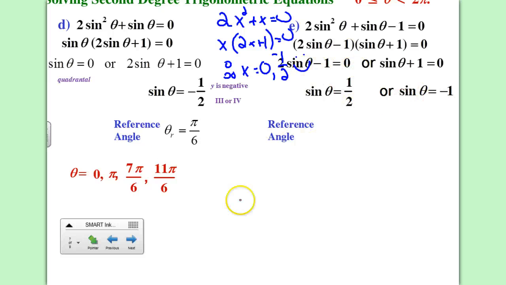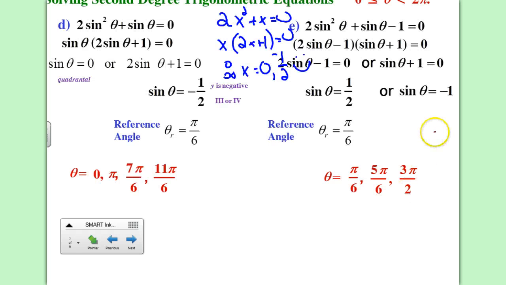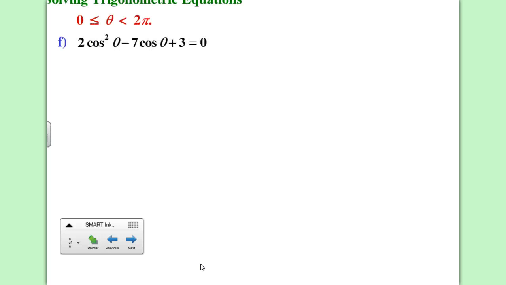If you want to use reference angles, it's pi/6, in quadrants where sine is positive, 1 and 2, so that's pi/6 and 5 pi/6. And sine equals minus 1 at 3 pi/2, okay? I did not do the reference triangles because this can be easily seen from the unit circle. The y value is minus 1 at 3 pi/2, okay?